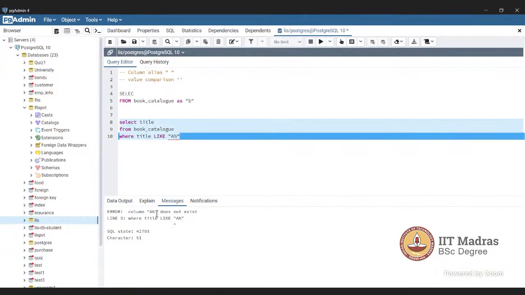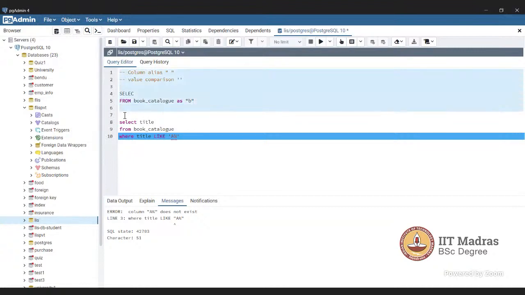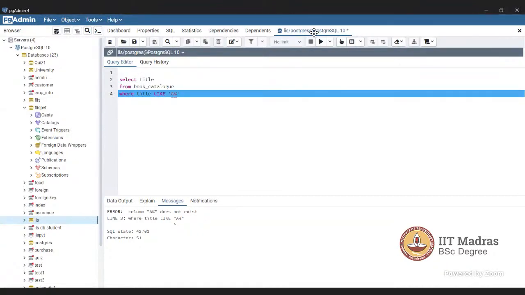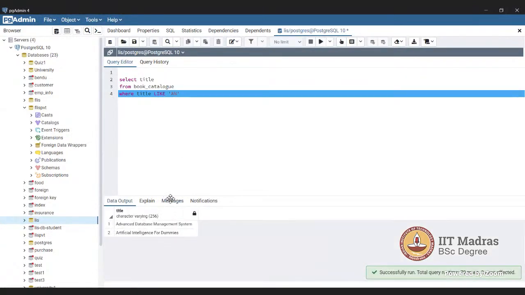Here you can see the same thing: it will throw an error when we use the double quote. So let me use the single quote. Here you can see it gives the correct output.